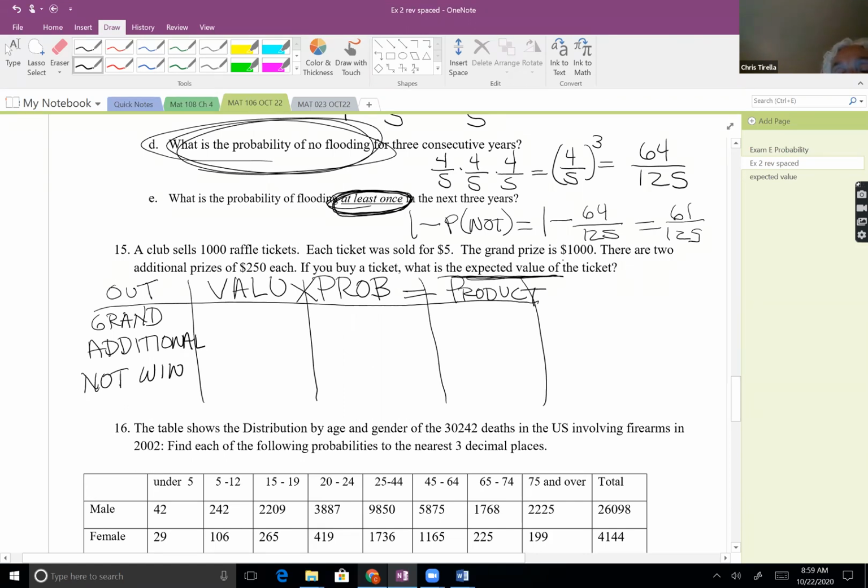If the grand prize is $1,000, but I've paid $5 for the ticket, the value would be $995. If the additional prize is $250, I'd end up with $245. And if I don't win, I'm out by $5. I think everybody's comfortable with those two columns. Yes?